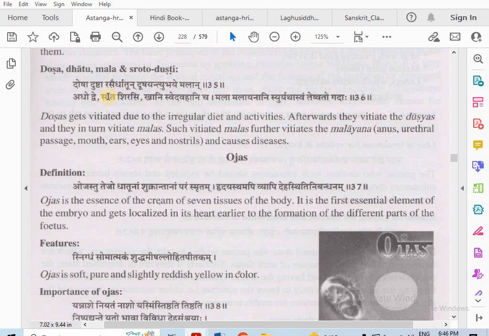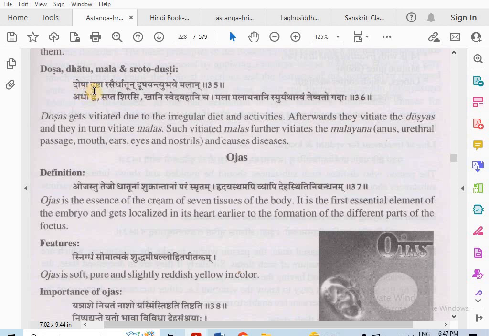So rasa is what? Rasa is like diet, the substance or food that we are eating. So by rasas, or by irregular diet or activities, the doshas, vata pitta kapha, get vitiated.